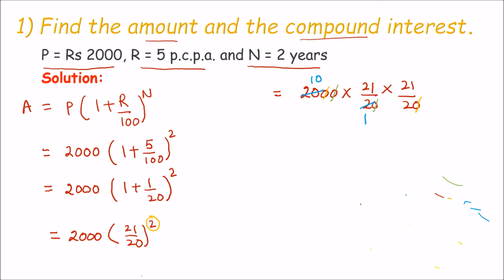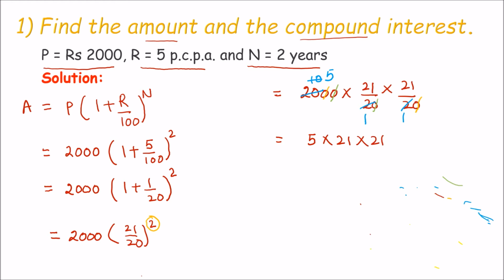Similarly, you can cancel this 2 and this 10, which come in the table of 2. So we'll cancel by 2. 2 ones are 2 and 2 fives are 10. After the cancellation, whatever is left, that we will copy. What is left over here? 5 into 21 into 21.